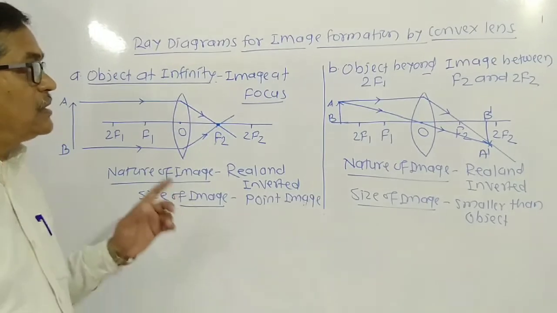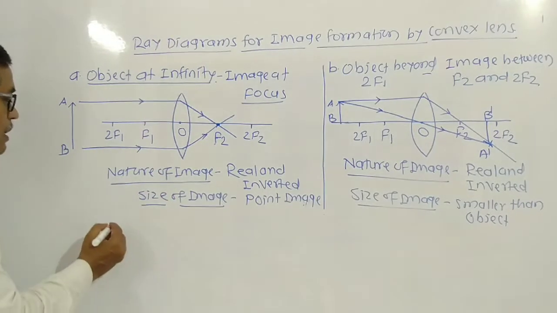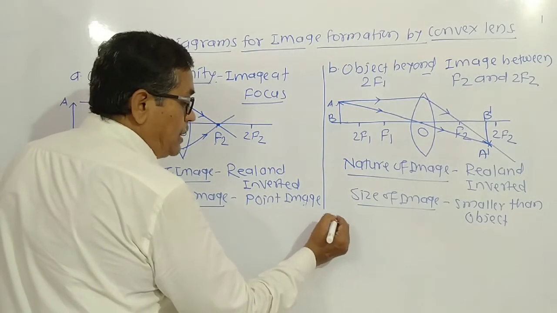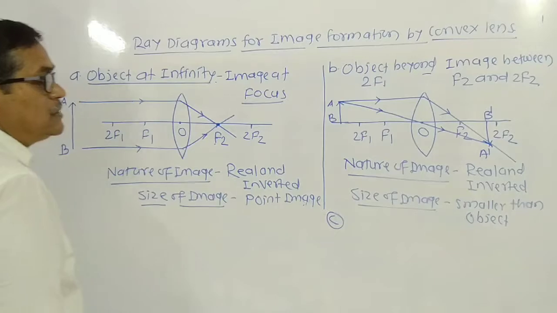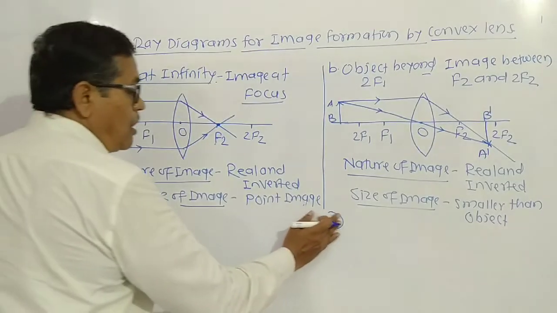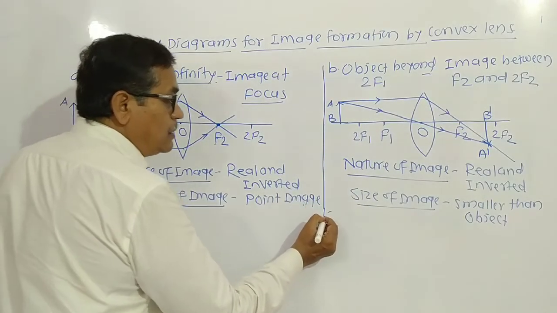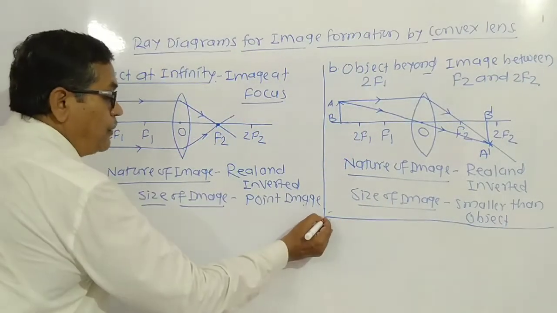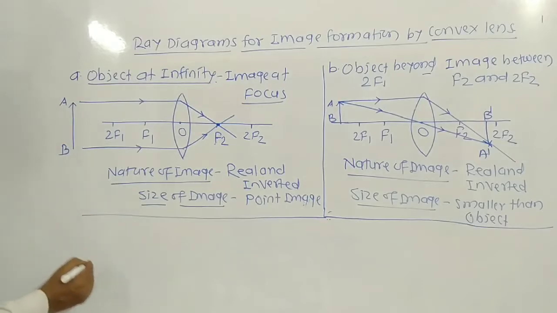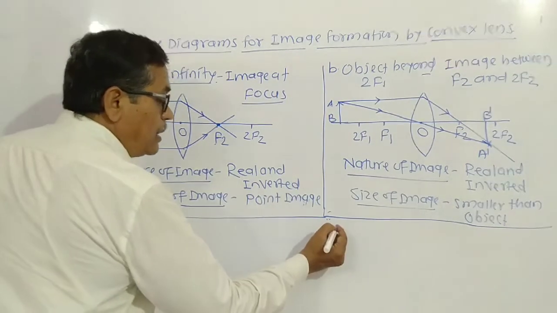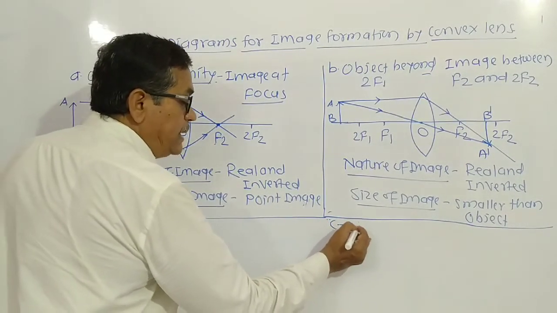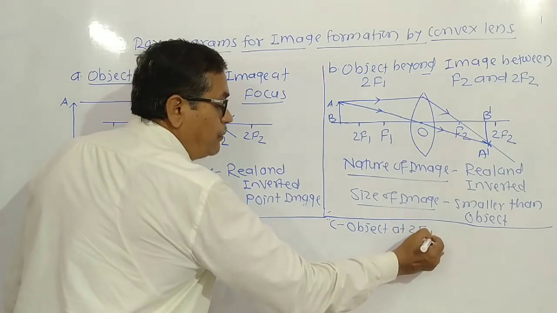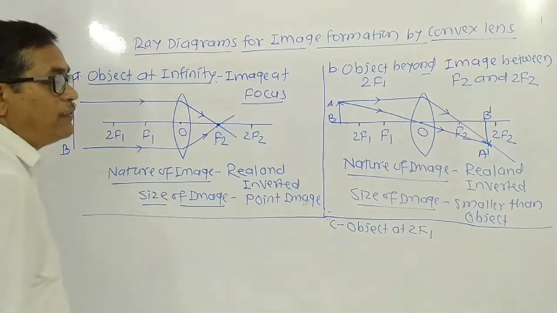Now we can study the third ray diagram. Diagram number 3: object at 2F1.